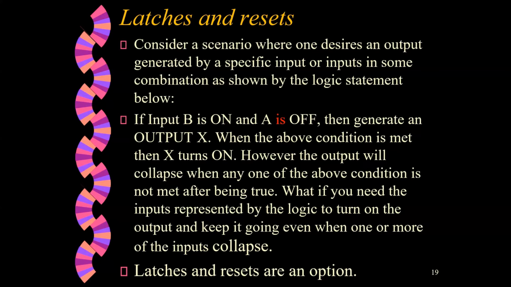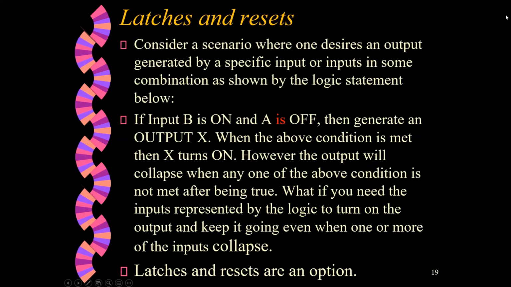If I want to keep the motor going even though I have released my hand, that means this input has become untrue. It was true, then it became false. If the logic is, if input is true, turn on the motor, and the input collapses, the motor will collapse.